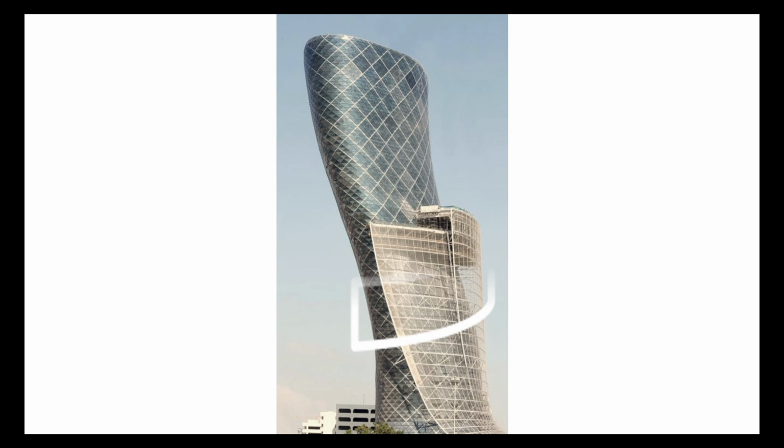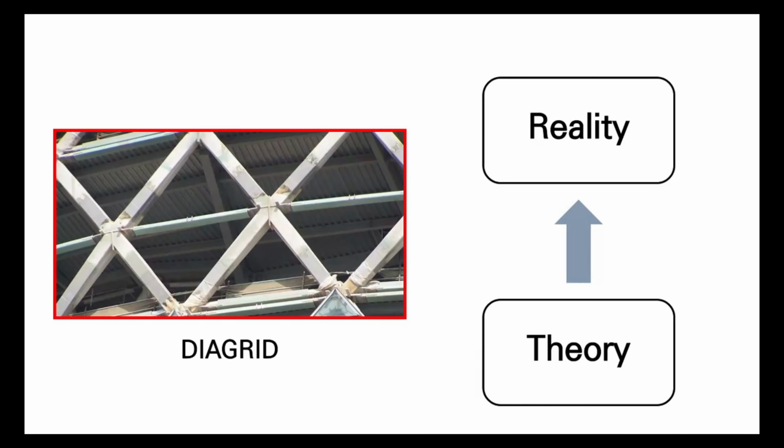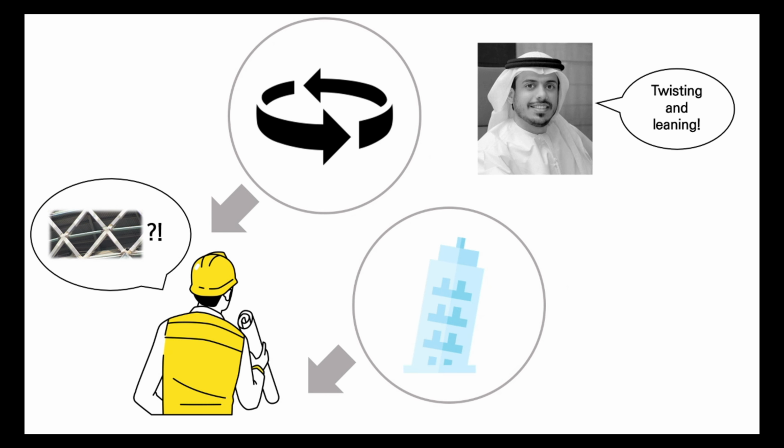So, to make this twisting, leaning design, the diagrid had to be turned from theory to reality. But starting from the construction, the constructors faced serious problems to realize the complex and almost impossible diagrid form in this twisted shape.